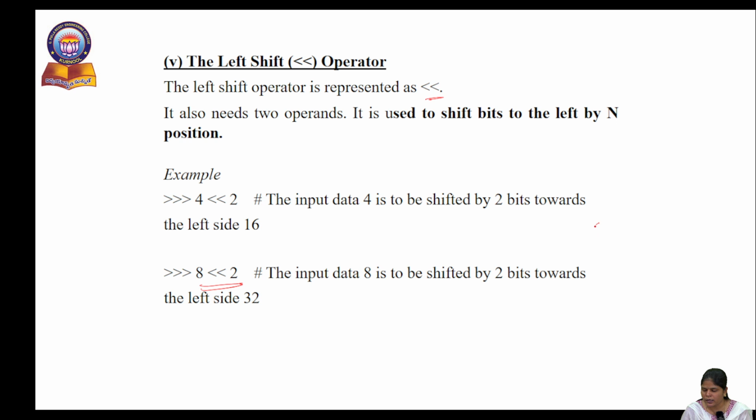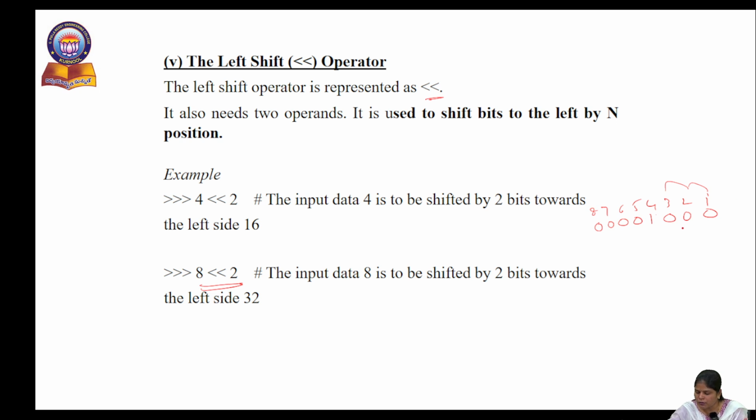For 8 it is 0 0 0 0 1 0 0 0, numbered from 8 down to 1. Now from the first bit we have to move to the left side. Each and every bit has to shift towards the left, one position.